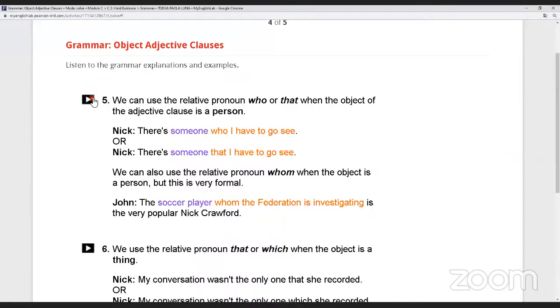It happens in the same way. The use of this is the same way as we use the WH questions, right? What, where, when, and then. Okay, so there is no modification. Okay, so if you're going to talk about a thing, you're gonna decide to use which.